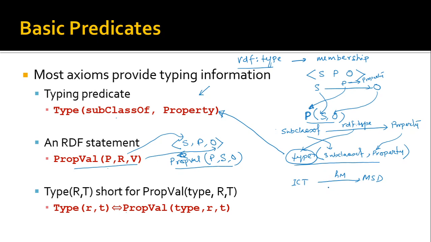Now there are two modeling ways. We can convert this into a first order logic predicate form like HM, ICT, MSD, or I can say prop val, where the property is HM, then ICT, then MSD. Now which one to choose?